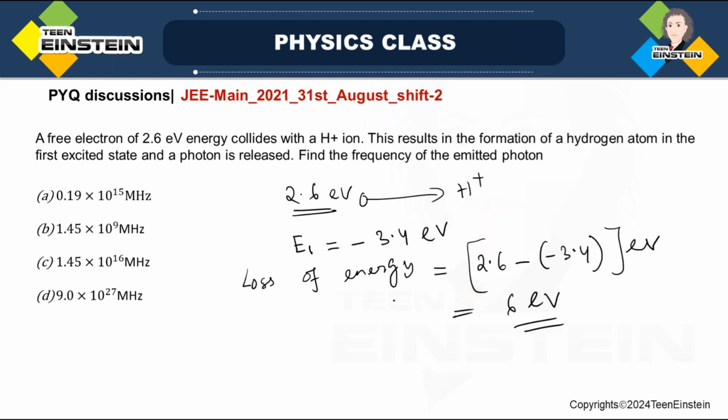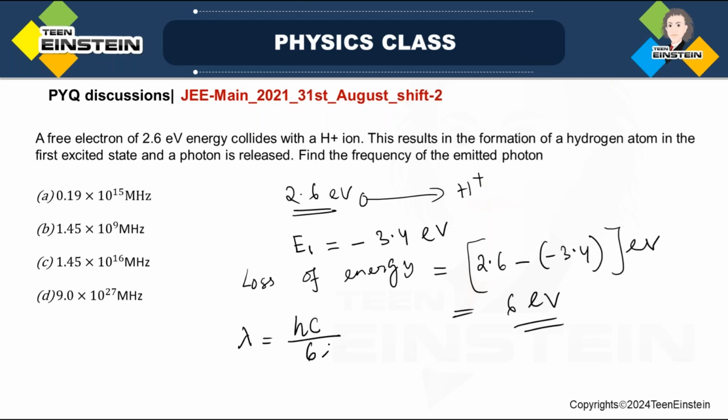So we can now find out what the photon emitted is. If this is the loss of energy, it will be converted into a photon. So we know energy is equal to hc by lambda, so lambda is hc by energy in eV.